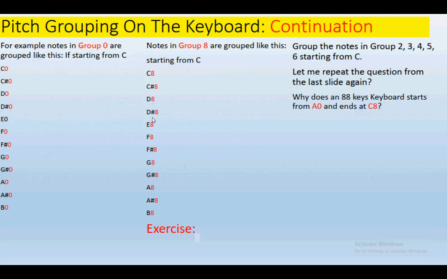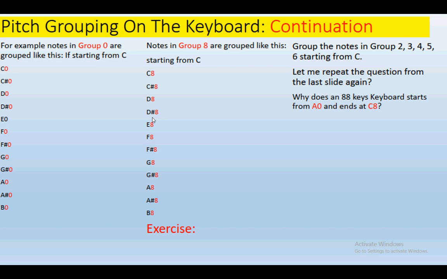Alright, let's continue quickly with this example. Notes in group 0 are grouped like this. Remember that the keyboard is basically arranged starting from C. So starting from C, we're going to have C0, C sharp 0, D0, D sharp 0.